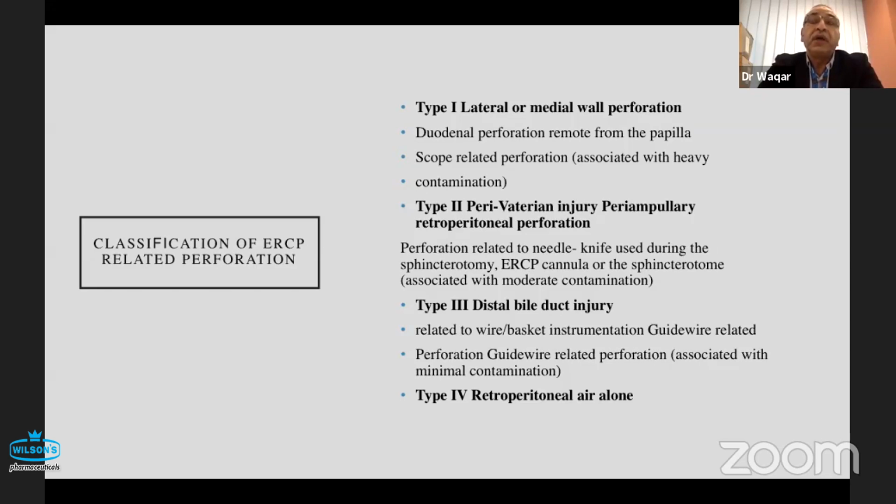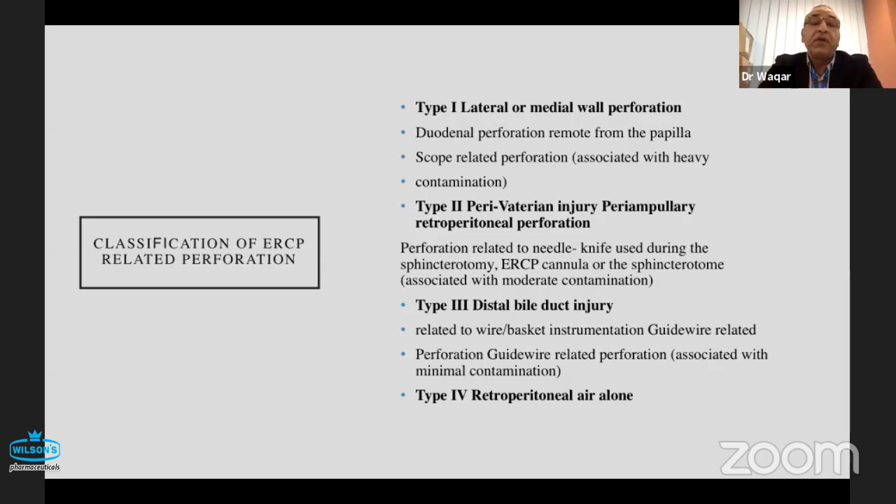It can be either by violent swings of the tip of the endoscope, or especially when one is trying to manipulate an endoscope into position and there's a diverticulum, it might cause a tear in the diverticulum.